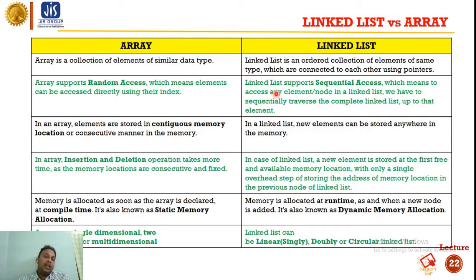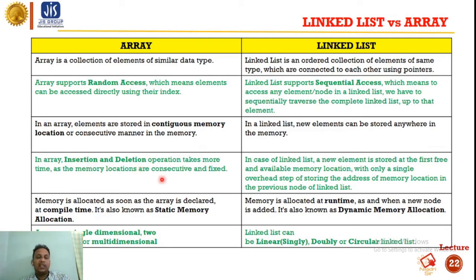In an array, elements are stored in contiguous memory locations, in a consecutive manner. In a linked list, new elements can be stored anywhere in memory, wherever there is free space.